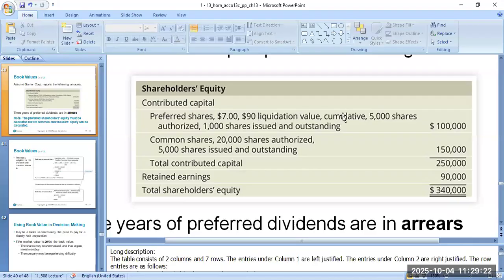Those are cumulative. 5,000 shares are authorized, so we're not working with the 5,000; just ignore it. 1,000 are issued and outstanding, so we're playing with the 1,000 shares. Common shares are 20,000 authorized, ignore that value. 5,000 are issued and outstanding.